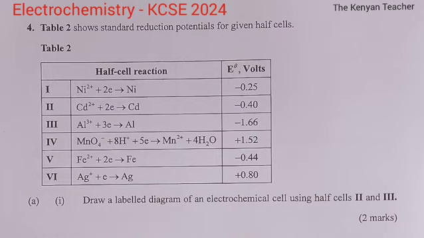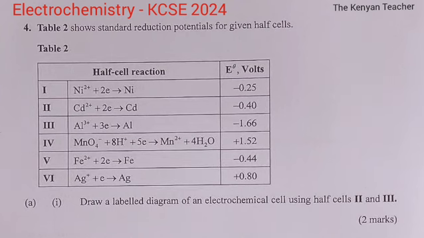Table 2 shows standard reduction or standard electrode potentials for given half cells. So we have table 2 with a total of 6 half cells.